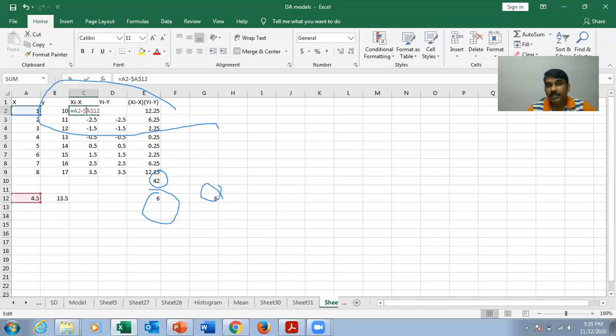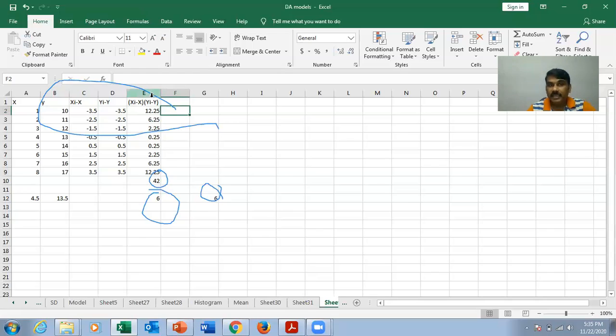Then we subtract the mean from a particular item, xi minus x bar or mu x, right? And then we put the formula in all the cells. Here also we did the same thing for the Y series, and here we have got the values for our analysis, that is xi minus x bar, yi minus y bar.